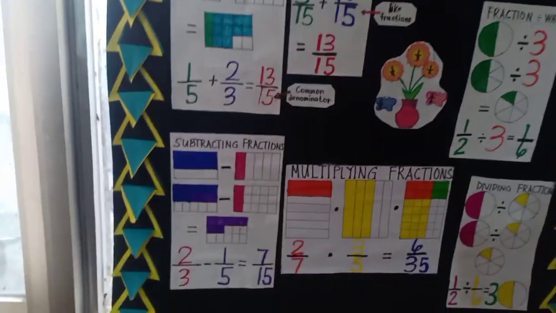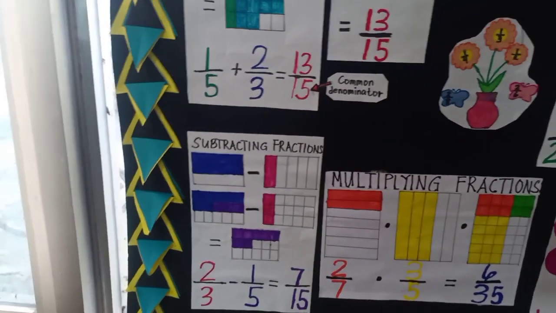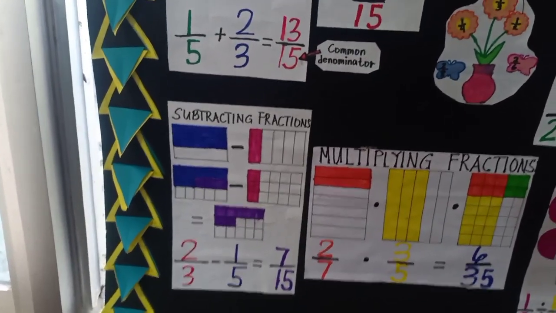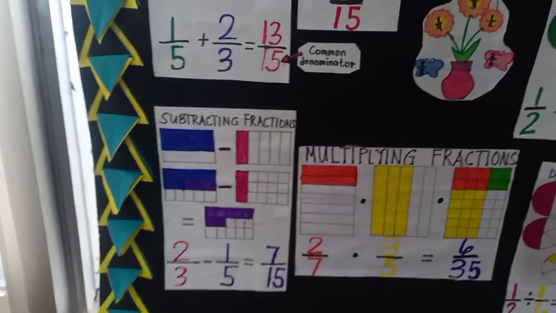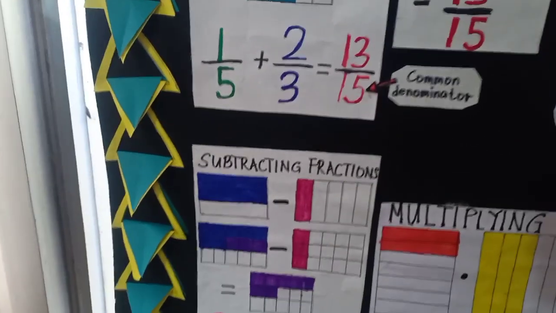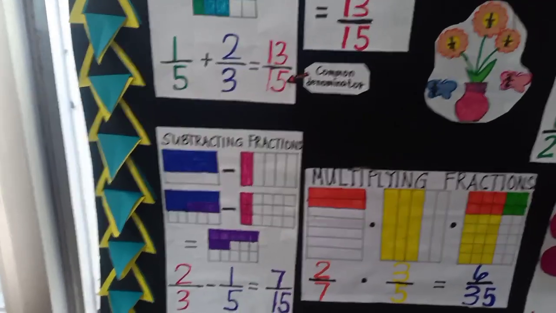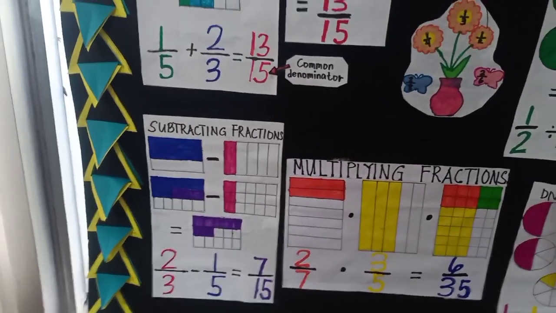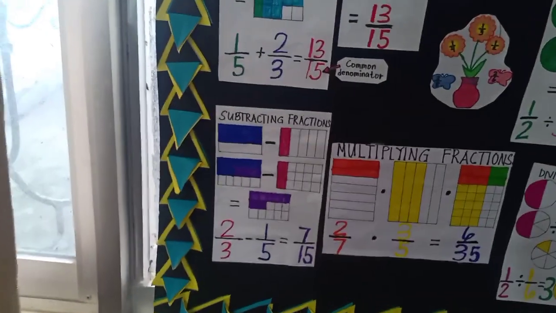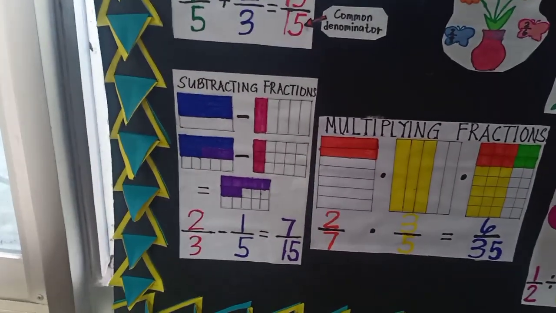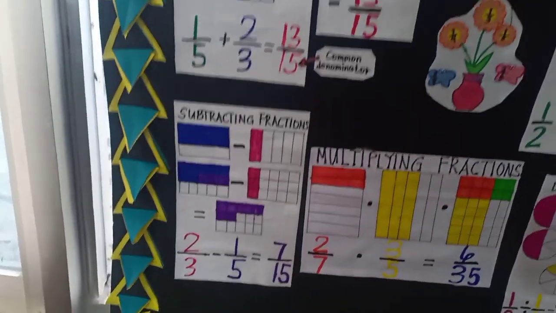So, let's proceed in subtracting fractions. 2/3 minus 1/5. So, we shade 2/3 and then minus 1/5. So, it's the same process as in adding fractions, since we have different denominators. So, we find the LCM.